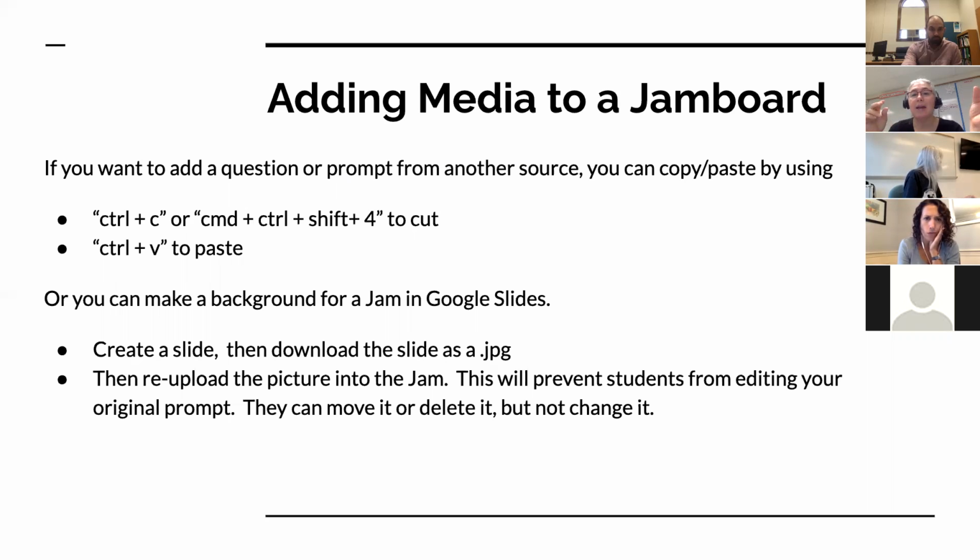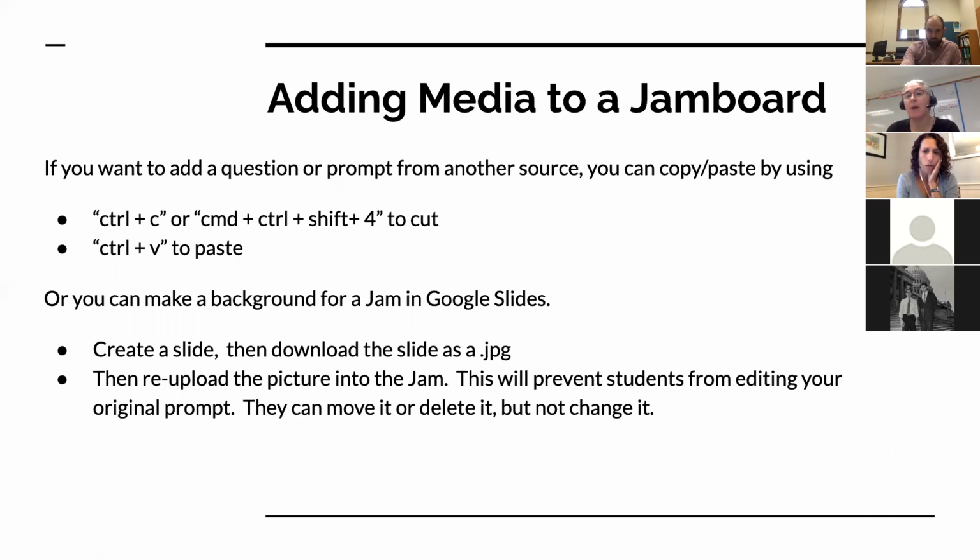So in Google Slides, you can make yourself a text box, maybe make a background color, and then you can use Control C or Command Control Shift 4 to make a screenshot of it and put it in there. Google Slides also has a way for you to download that one particular slide as a JPEG picture format, in which case you can just upload a picture using the insert a picture option and select it from your Drive.